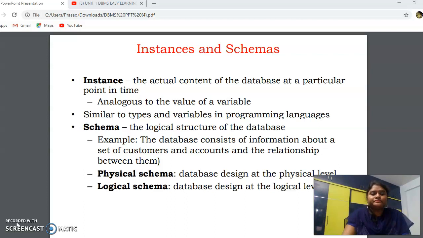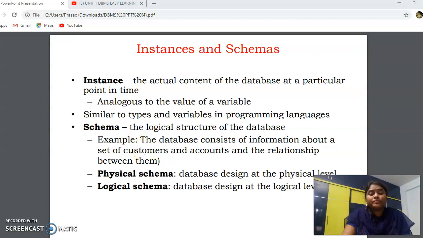In the same way, we use instances in our programming language also by having variables, etc. What is schema? It is the logical structure of the database. Here we will see how the database can be organized. An example has been taken, a set of customers and accounts. Customers, what is this?